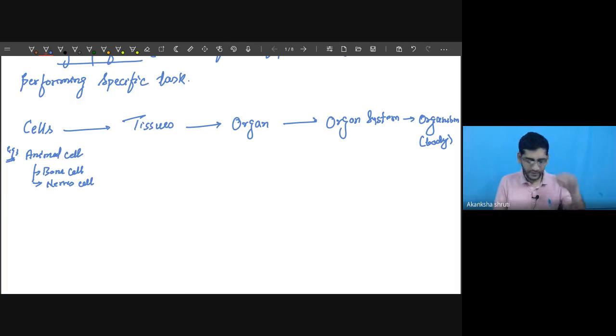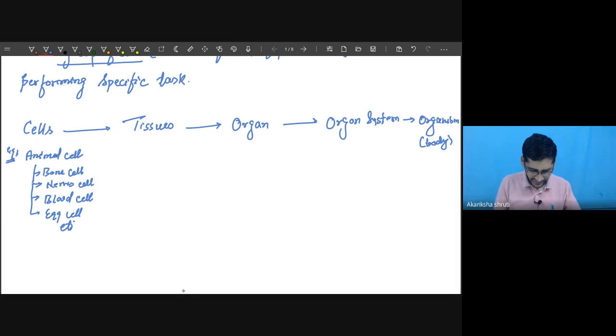We have also learned about many other kinds of cells, like our blood cell, egg cell, etc. So many.